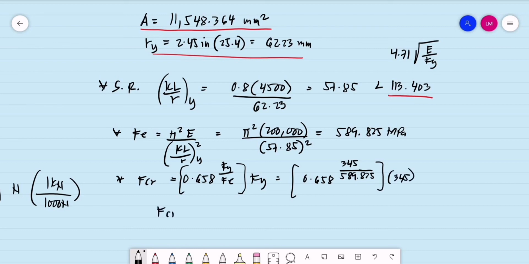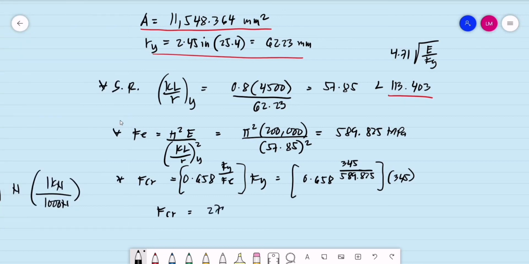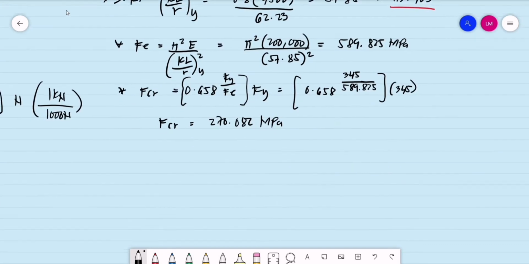So we have the value of the F sub CR is now equal to 270.082 megapascals.